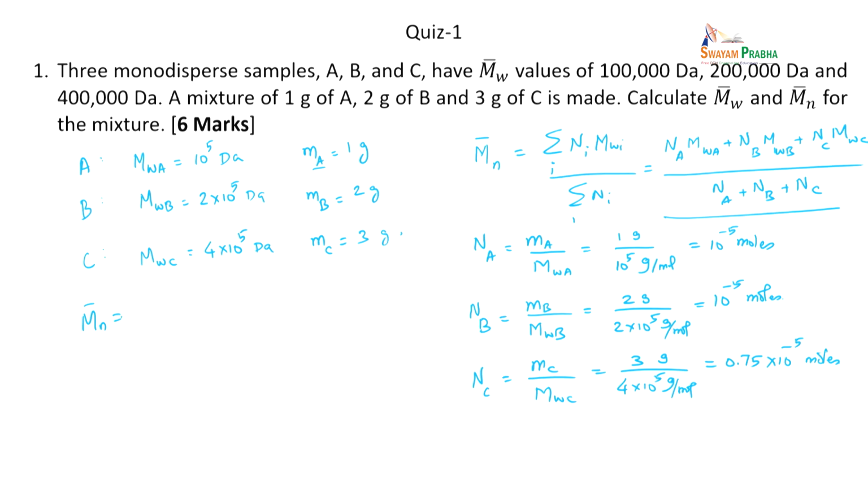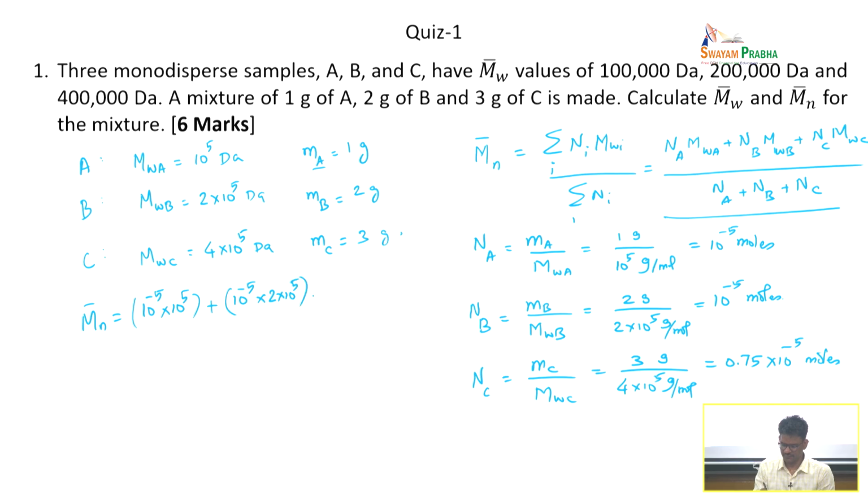So, we found all the numbers of moles, then we can substitute in this equation now. So, Na is 10^-5 multiplied by Mwa, that is 10^5, plus Nb is 10^-5 and Mwb is 2 × 10^5, and Nc is 0.75 × 10^-5 times 4 × 10^5, and this divided by 1 plus 0.75 × 10^-5.